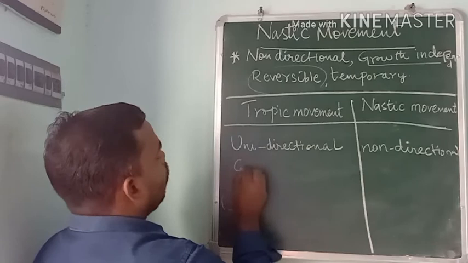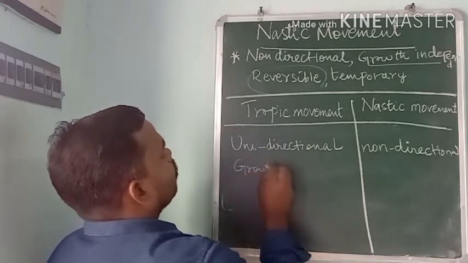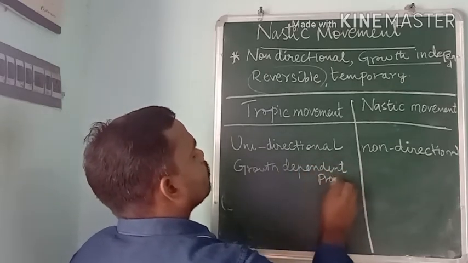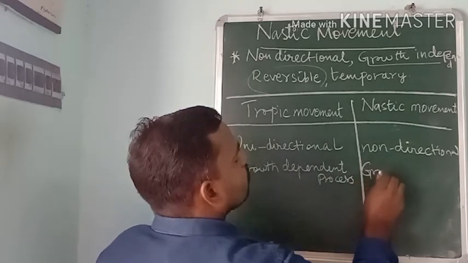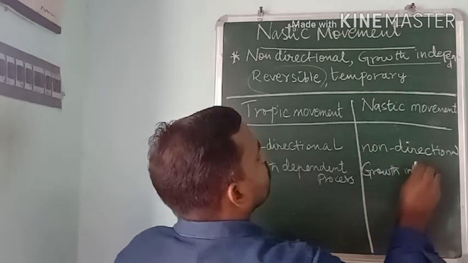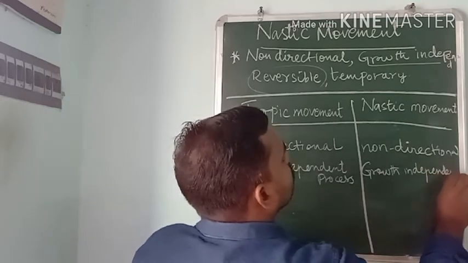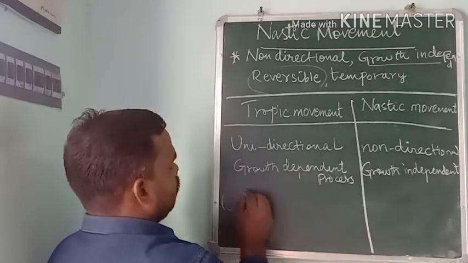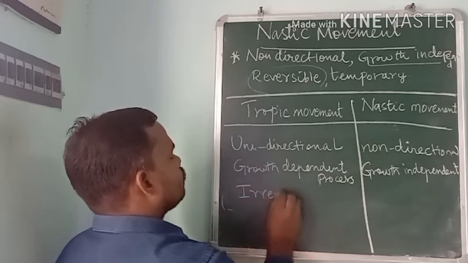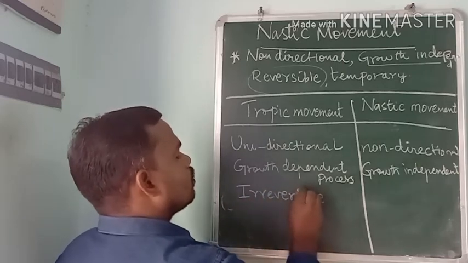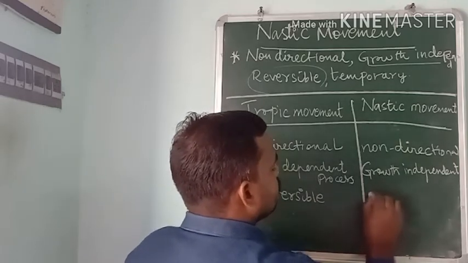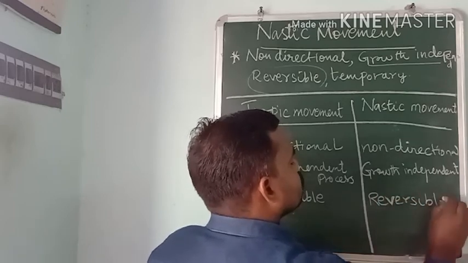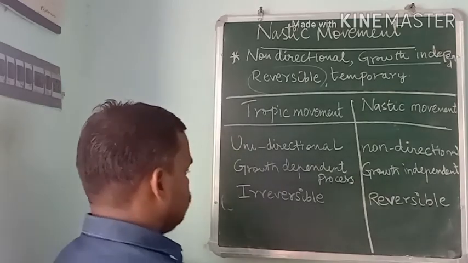Next, tropic movement is a growth dependent process, but Nastic movement is growth independent. Tropic movement is an irreversible process. The Nastic movement is reversible.